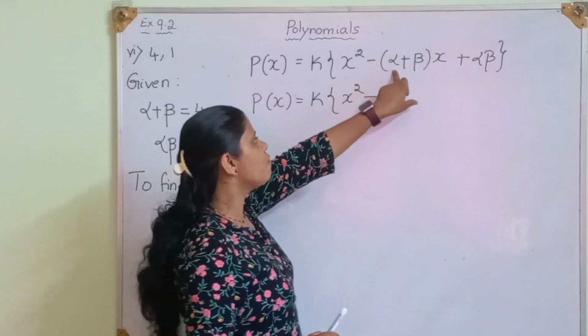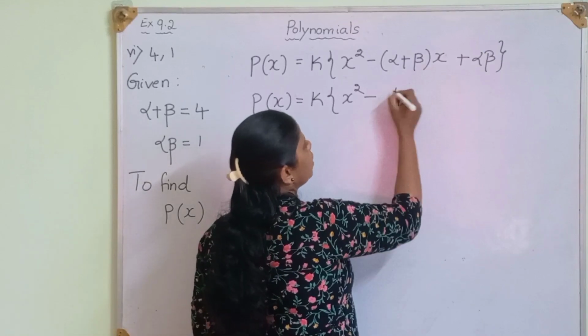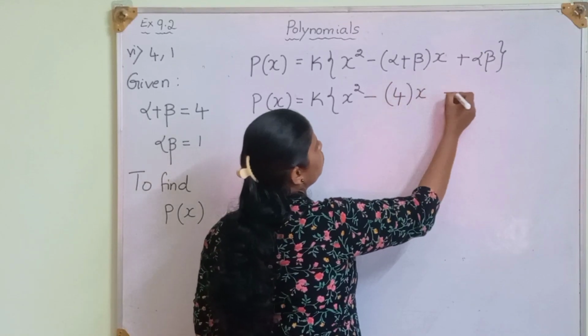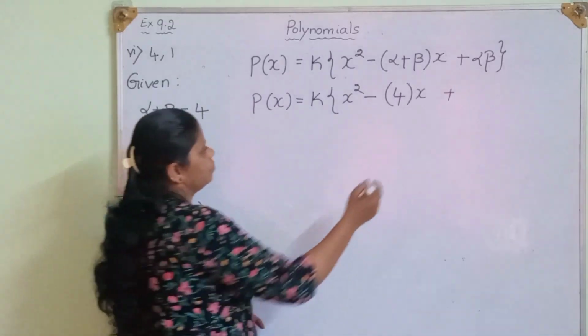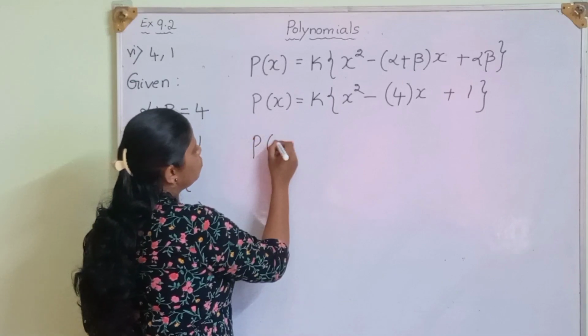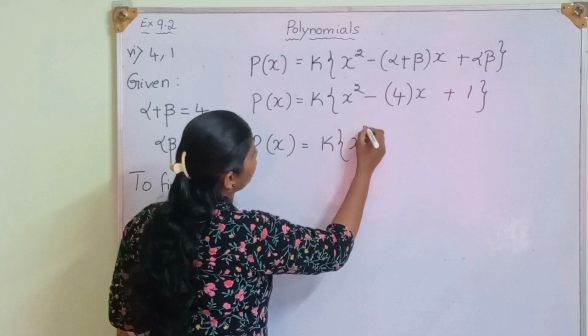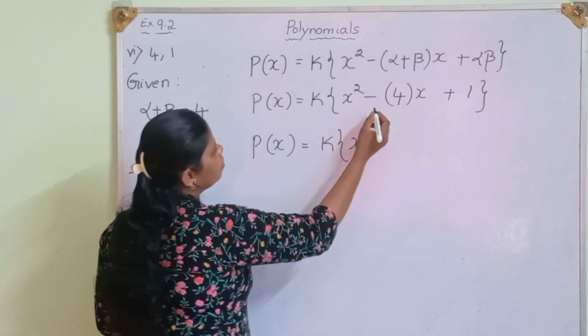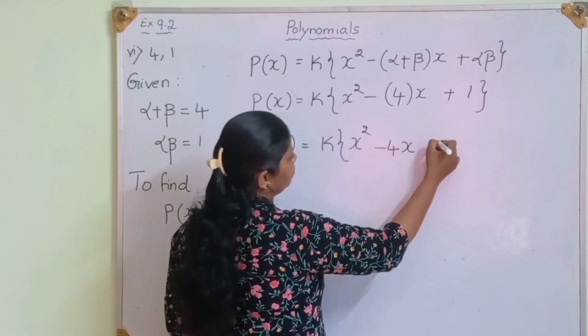So in the place of alpha plus beta, let me write 4 into x, plus alpha into beta, that is 1. P of x is equal to k into x square minus 4x plus 1.